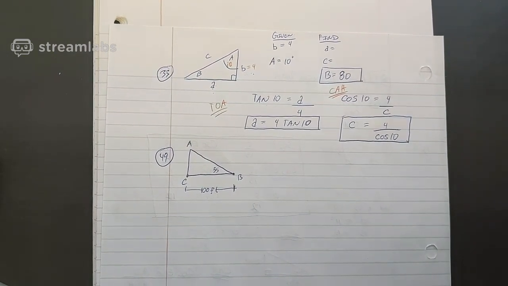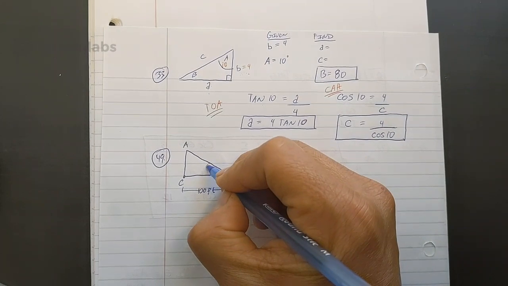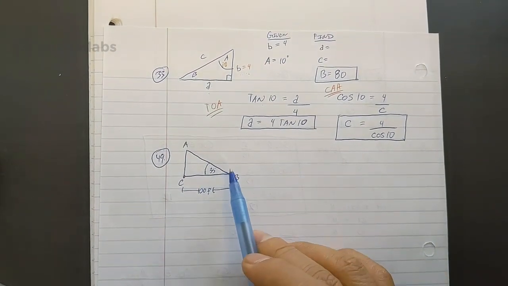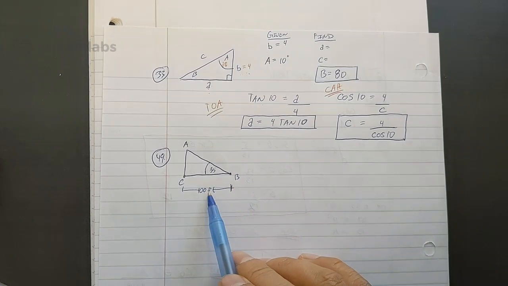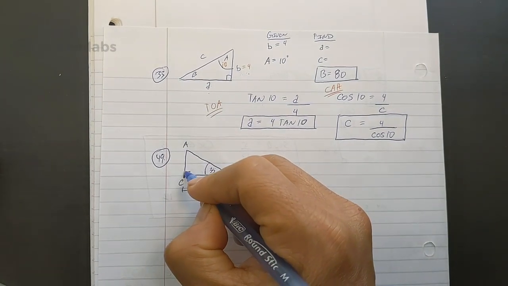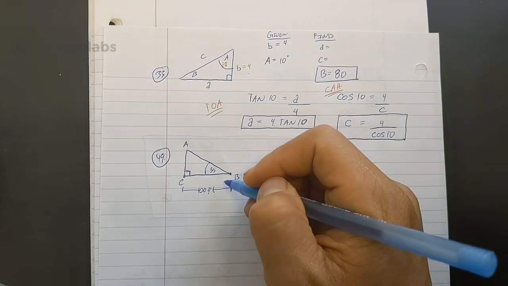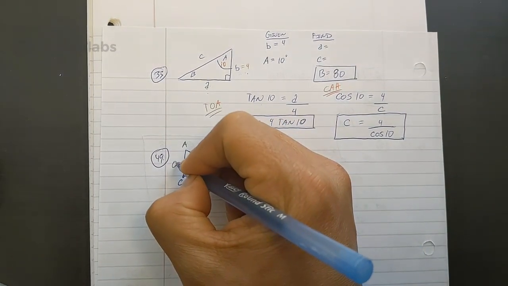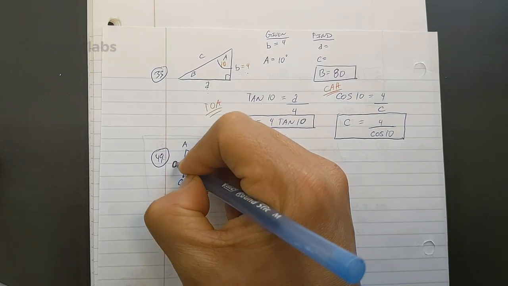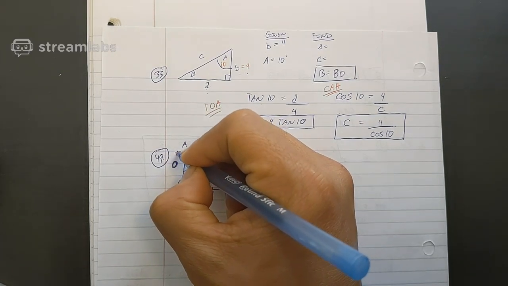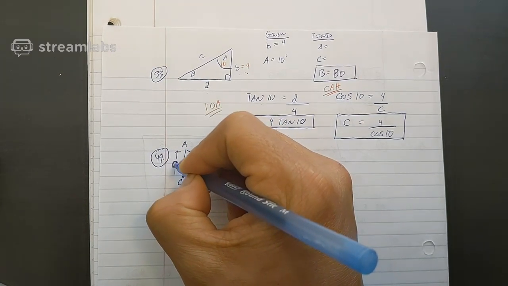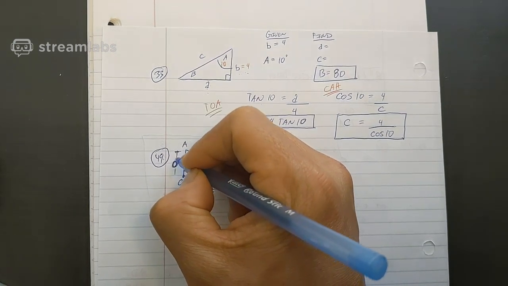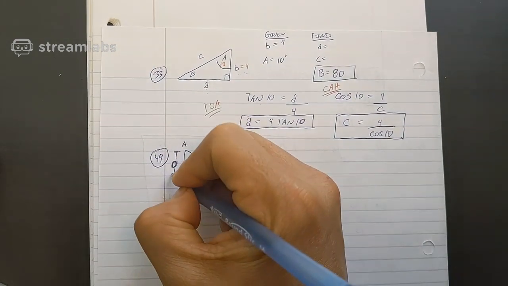All right, so this is our angle, and we are given just the adjacent side, and we need to find the opposite side. I'm going to call this O, for opposite.